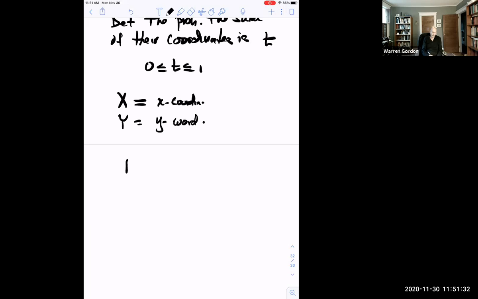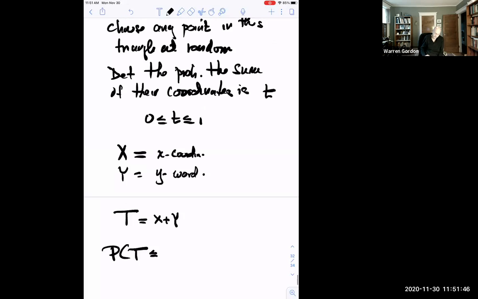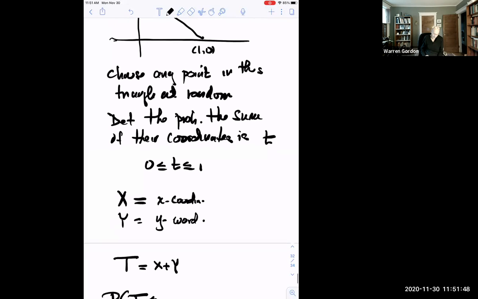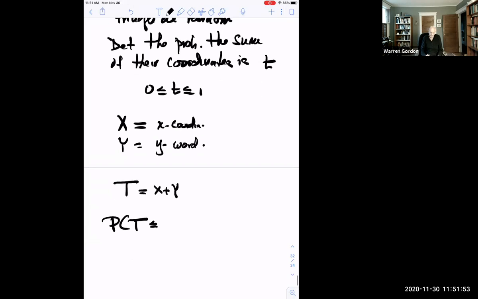And suppose I call their sum the random variable t, x plus y. So the question is, what's the probability that their sum is less than some number t? For example, t could be a quarter.